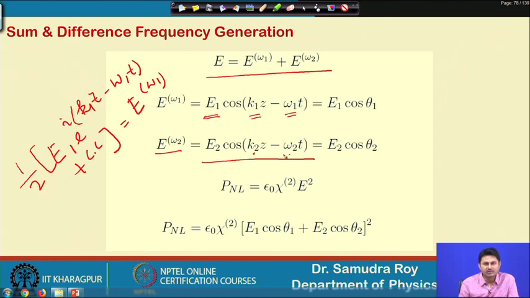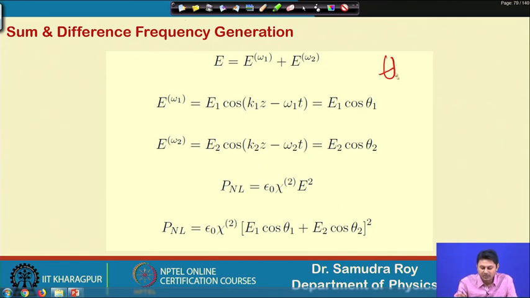I just reduce these terms to theta 1 and theta 2, because when we do the calculation we need to take a square of that and all these things, so this term will always be there. To make this simple, I just replace it. So, according to my notation, theta i is in general k i z minus omega i t, where i belongs to 1 and 2.